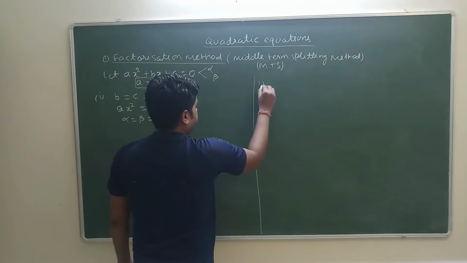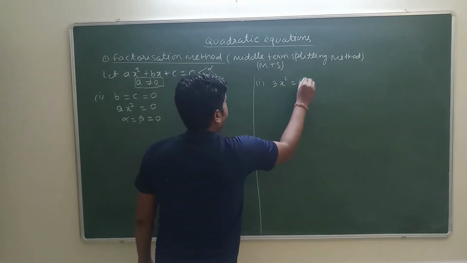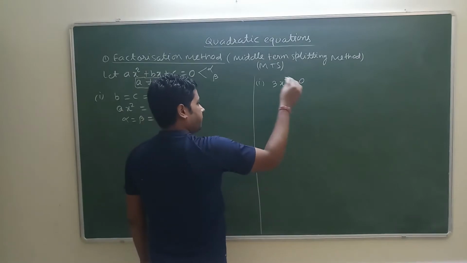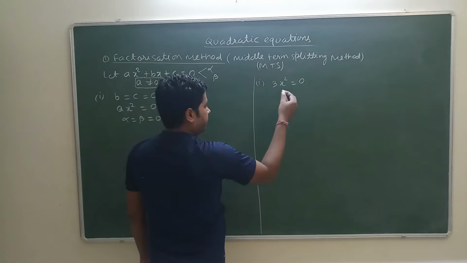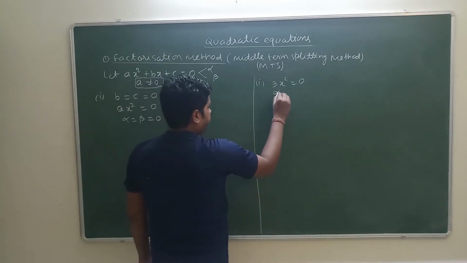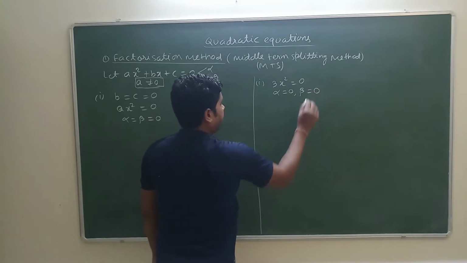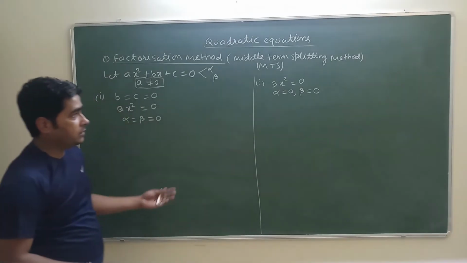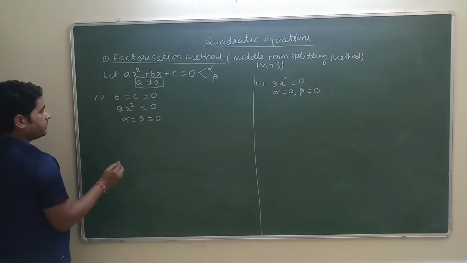For the first case, let's see if the equation is 3x square equal to 0. In that situation, you just write both values of x are 0, therefore alpha is also 0 and beta is also 0. Alpha and beta are the values of x which satisfy the given equation. They are called roots. This was the first case.